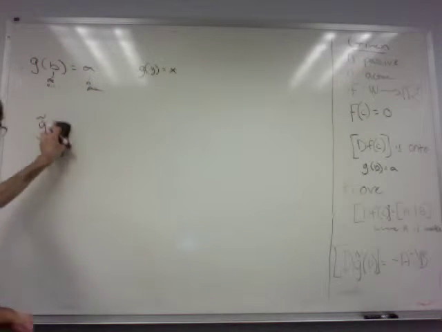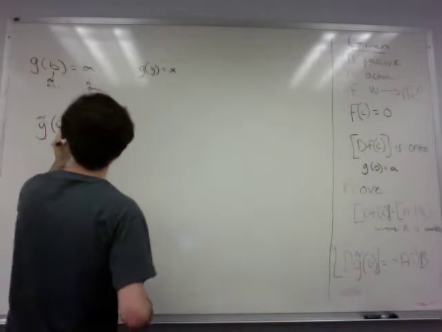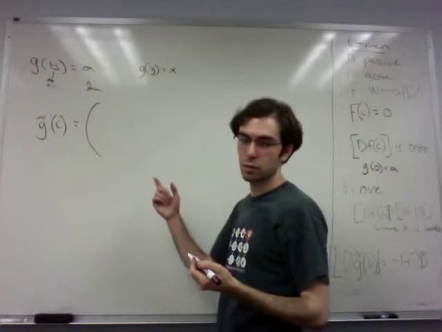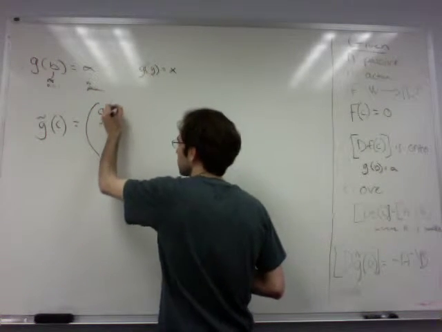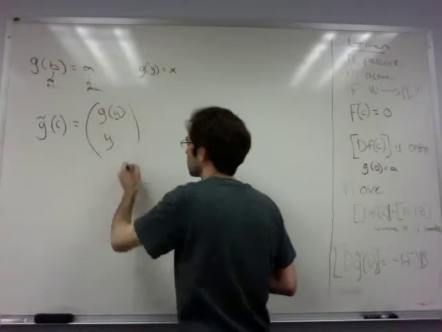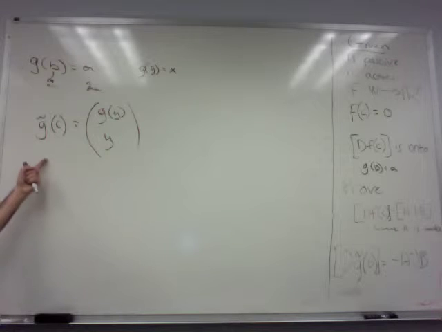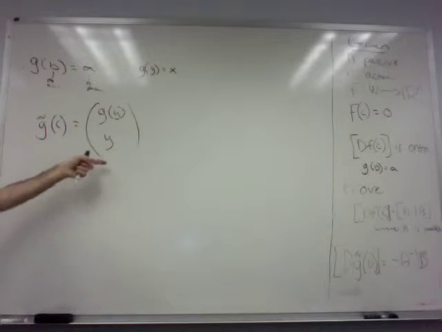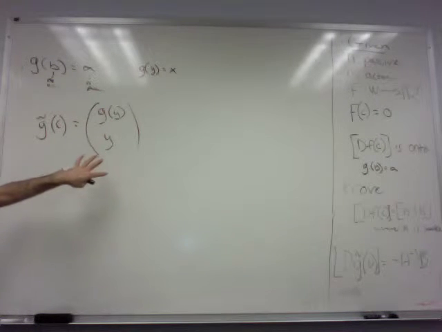The function g tilde of y is going to be equal to g of y and y. So this is just a function that splits things into the active components and the passive components. That's all that this function does.